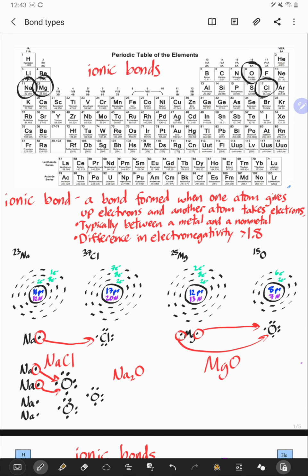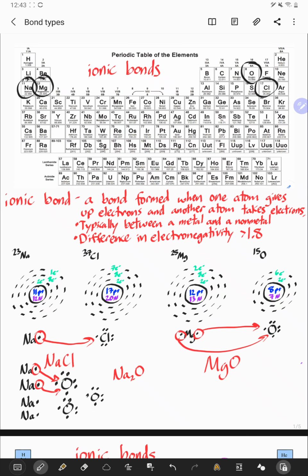So each sodium has 1 to give, and we form Na2O, sodium oxide, by having 2 sodiums both give their single valence electron to oxygen. So it's not always a 1-to-1 ratio.